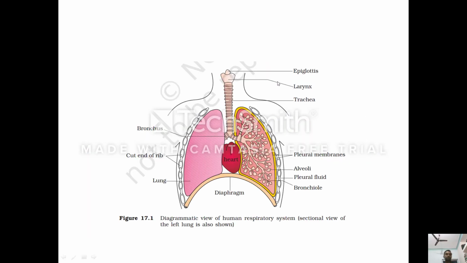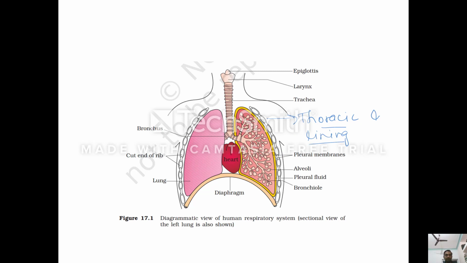So here we are seeing the exact diagram. This is the thoracic lining, and in the thoracic lining, this is the outer membrane.